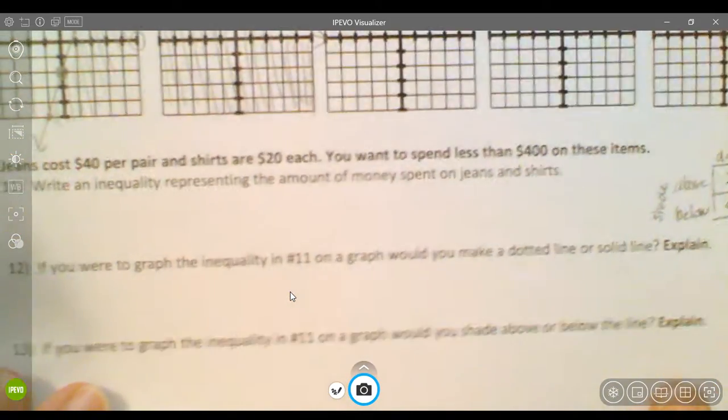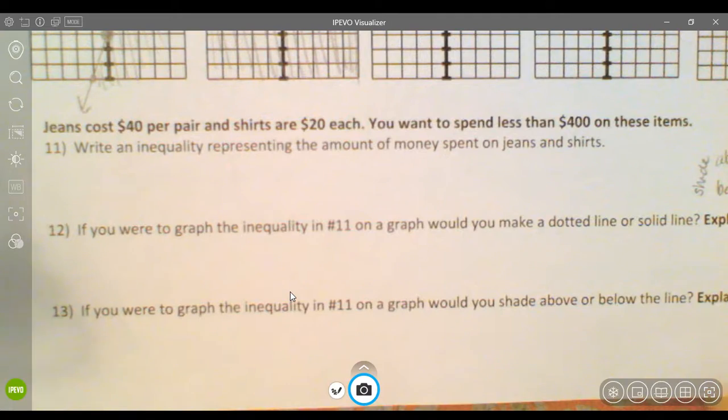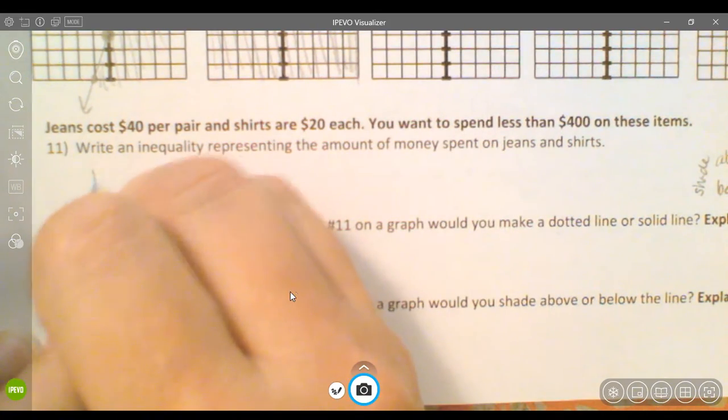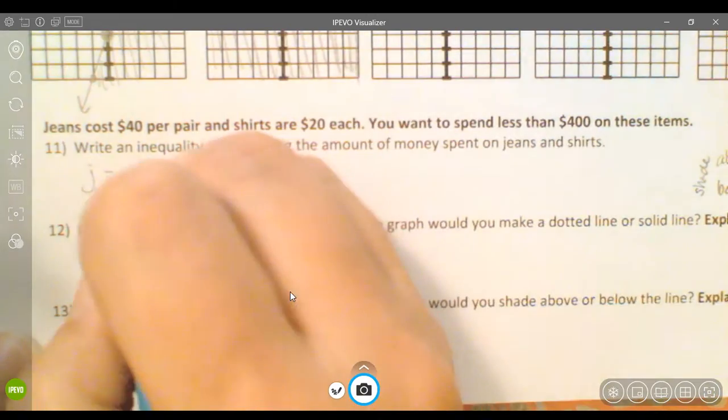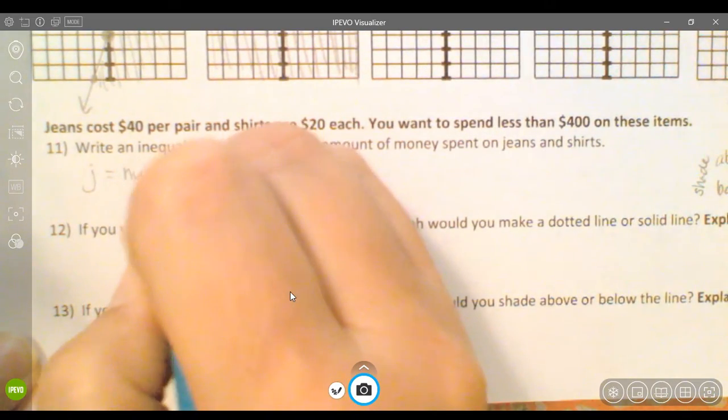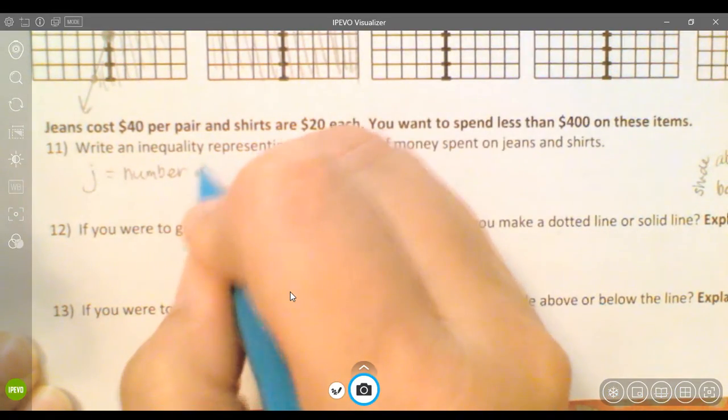Now let's focus on the word problem, shall we? Jeans cost $40 per pair, and shirts are $20 each. Write an inequality representing the amount of money. Well, J will equal the number of jeans you buy, not the cost, because they tell us the cost.